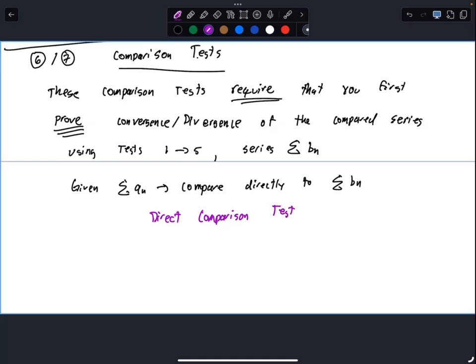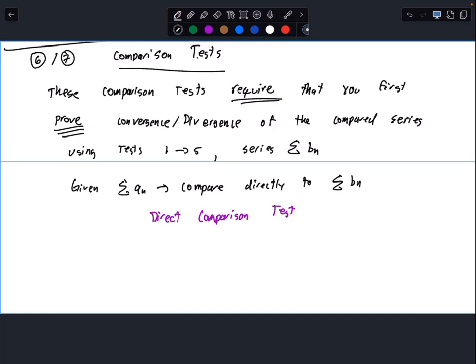And here's the truth about the direct comparison test: you're probably not going to pick it. You're probably going to use its brother or sister, however you want, the limit comparison test. Unless it's really obvious, or unless I specifically tell you, or you can really quickly see that the direct comparison test is going to be easier, it might just make more sense for you to do the next one, which is the limit comparison test.